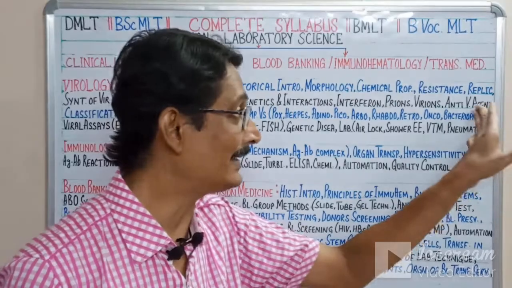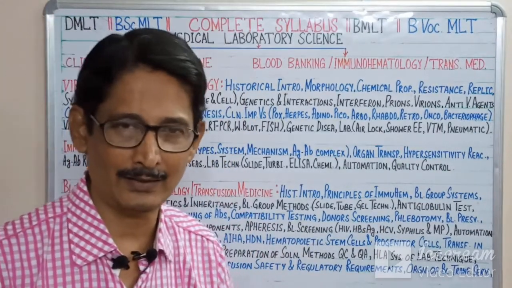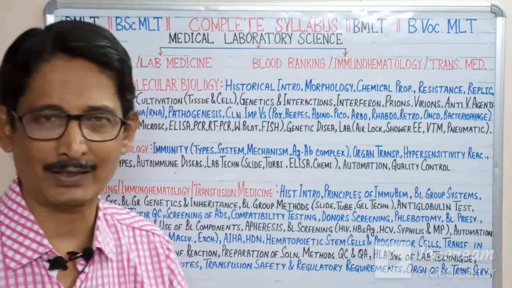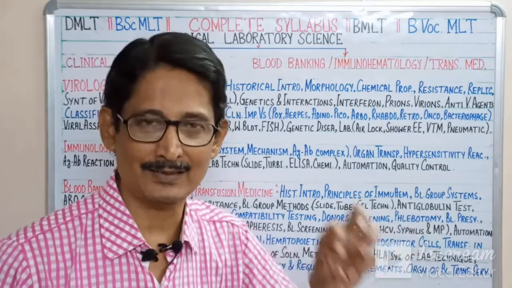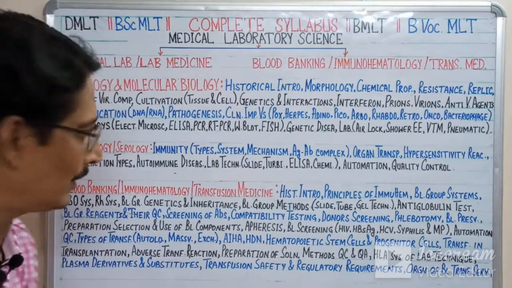Now the antiviral agents, drugs like favipiravir, remdesivir, and antiretroviral drugs for AIDS patients. These are the antiviral agents, that means the drugs we have to study, which drug can kill viruses only.